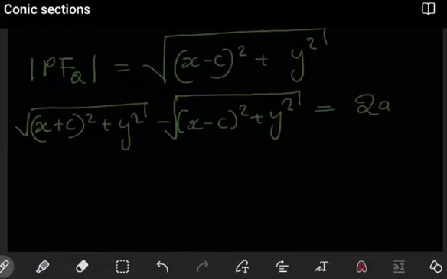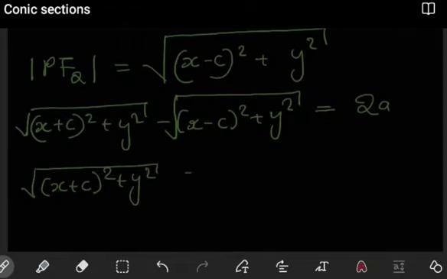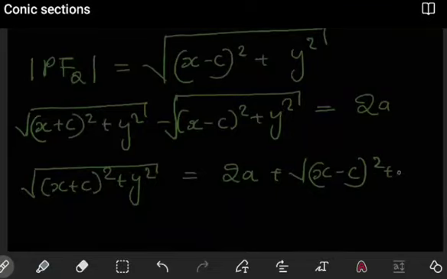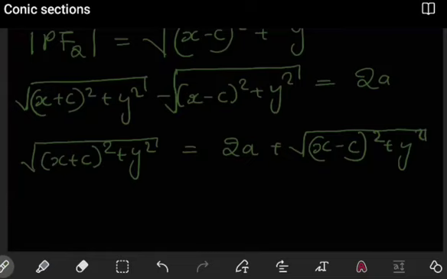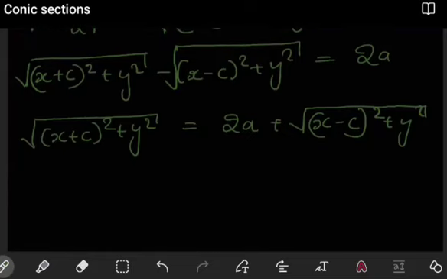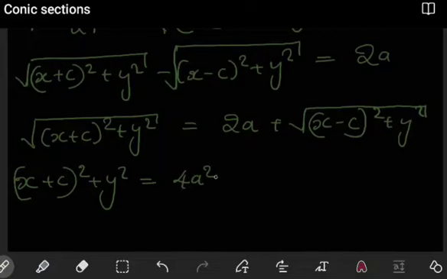I want to eliminate the square roots here, and to do that, we'll keep the first radical. We'll move the second one to the right. Okay, now we can square both sides. When you square the left, you eliminate that square root, you remain with x plus c squared. On the right side, this becomes 4a squared.